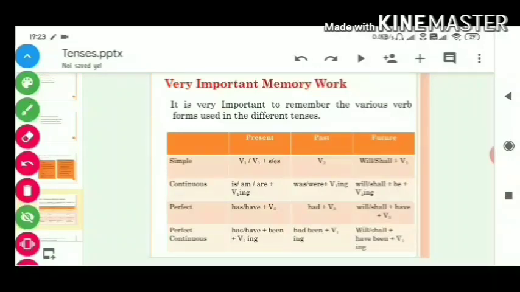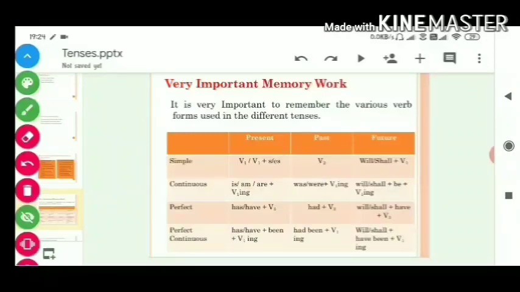Here in the first line I am going to show you present tense, past tense and future tense. The subtenses here on the left side: simple tense, continuous tense, perfect tense and perfect continuous tense.